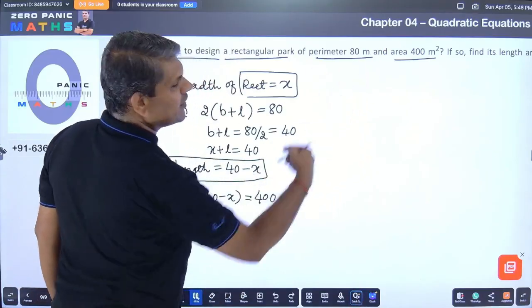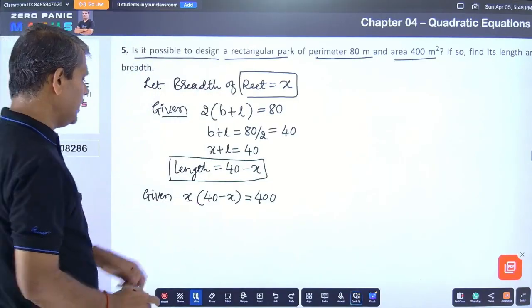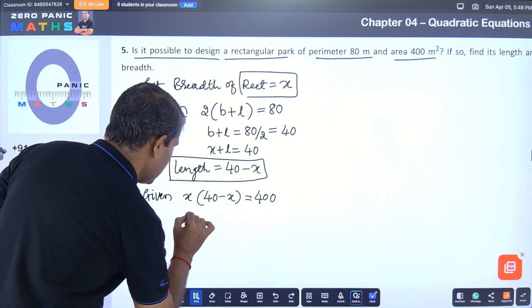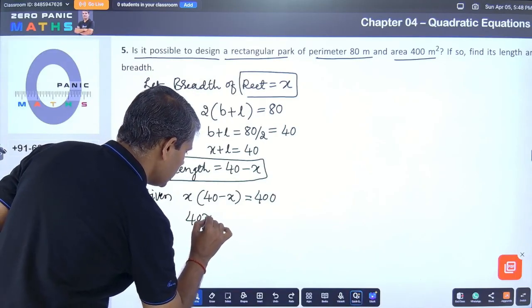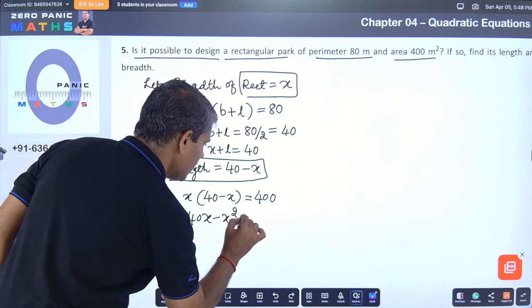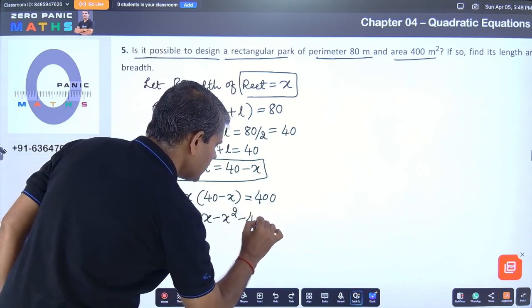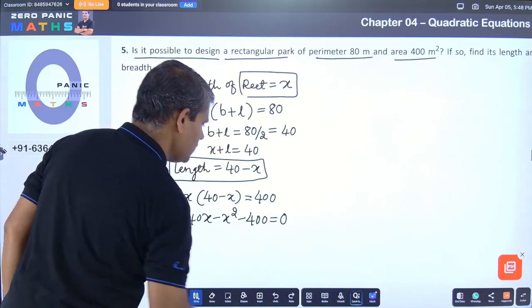That is area. So 40x minus x square minus 400 is equal to 0.